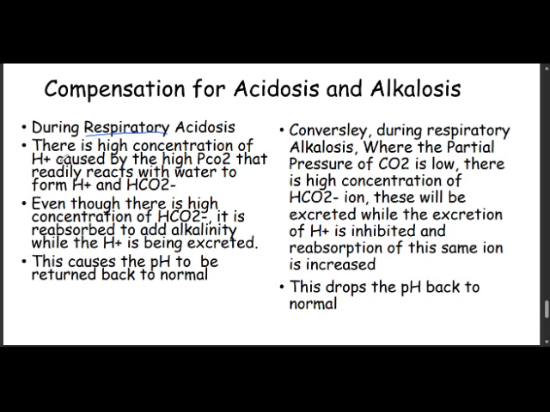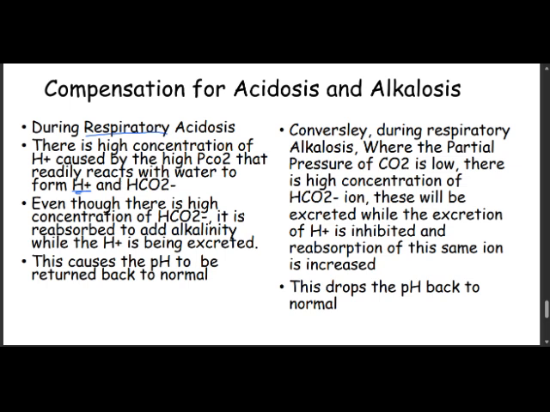Okay, because the CO2 is going to cause a lot of water to react with it, causing the bicarbonate buffer system, and H plus ions are formed. But then when you form a lot of these H plus ions, you create an acidic environment in the body. An acidic environment has to be buffered.